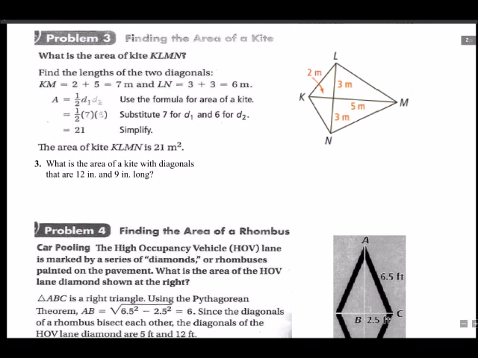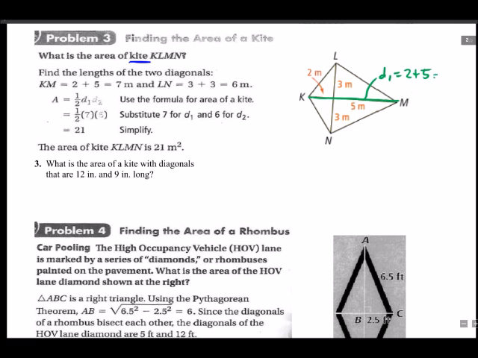We want to know the area of a kite. We have a kite, KLMN. What do we know about kites? Well, on this one, all we really care about, we'll get to that in a minute. Here's diagonal 1. Diagonal 1, what does it measure? 2 plus 5.